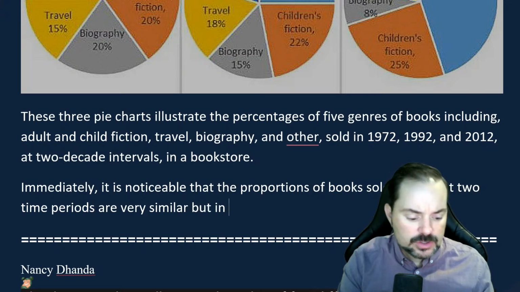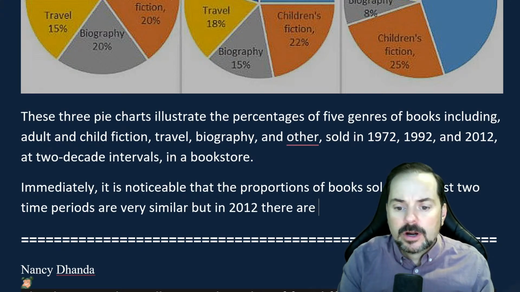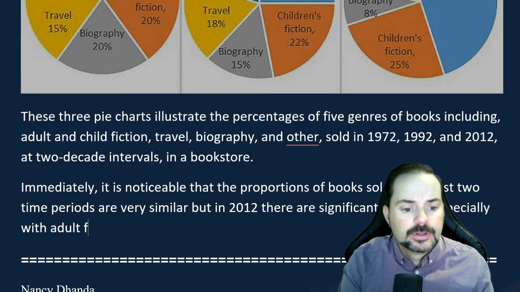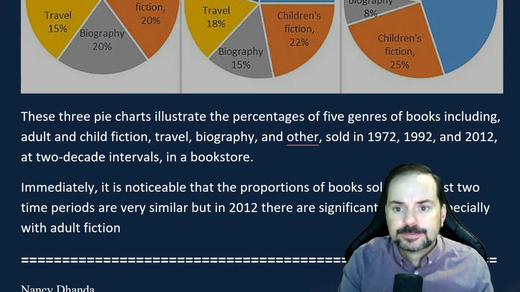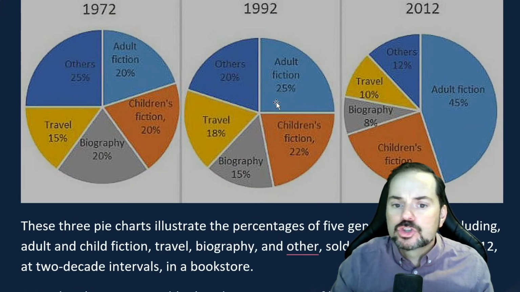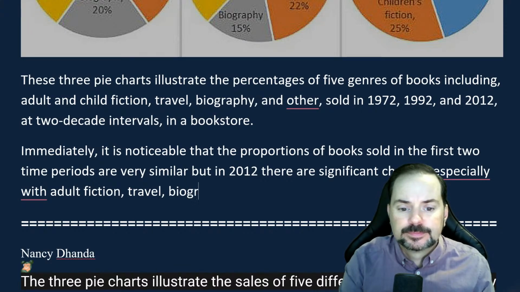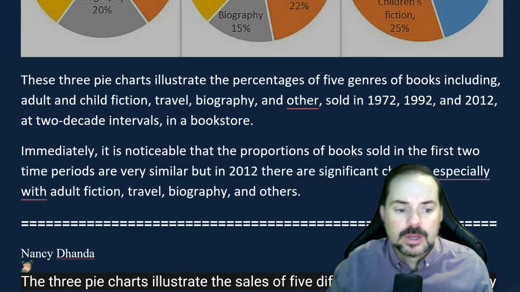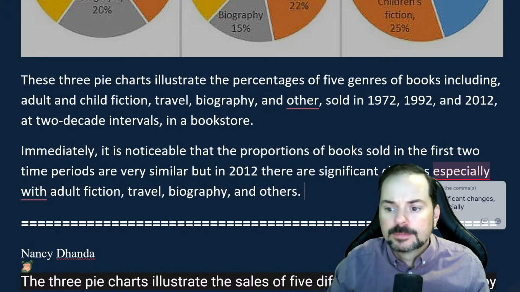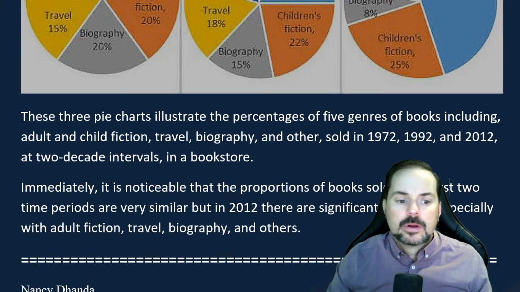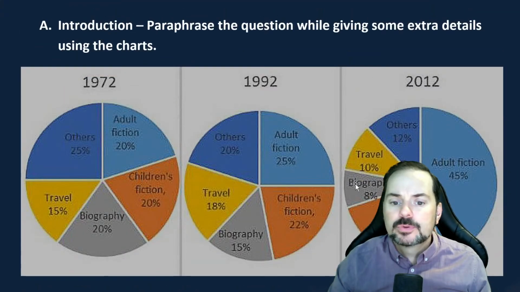But in 2012, there are significant changes, especially with adult fiction, travel, biography, and others. Okay. All right. And so, right, those are the ones.